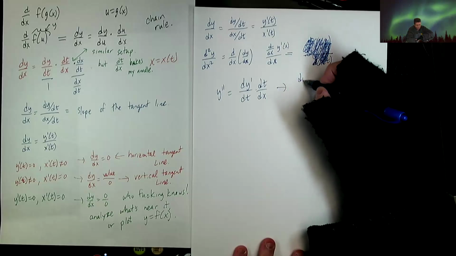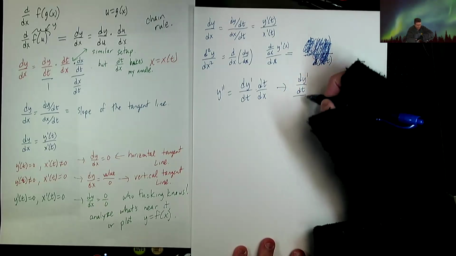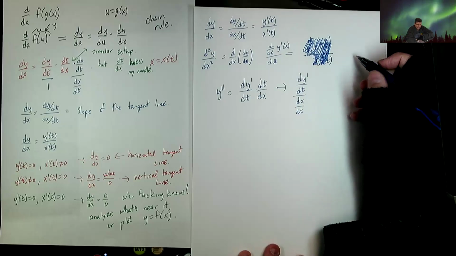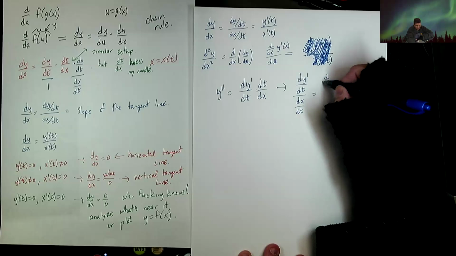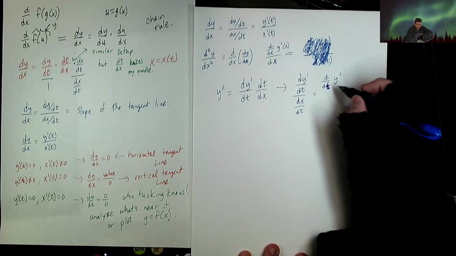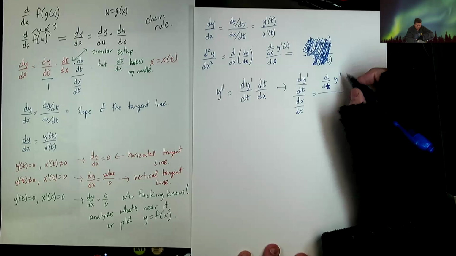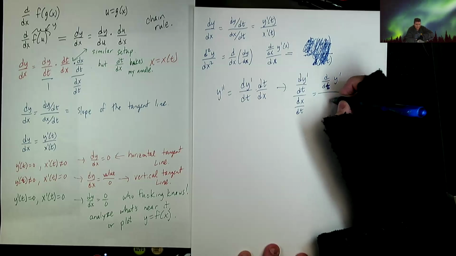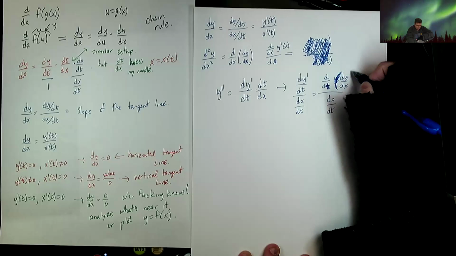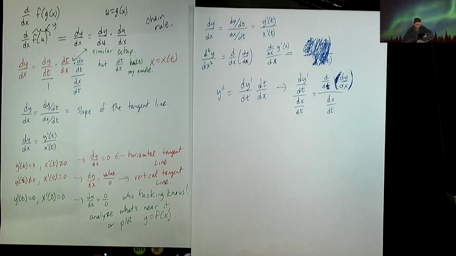This leads to dy prime/dt over dx/dt, which is d/dt. Yeah, I did have it right up there. But it's better off looking at it as dy/dx, because that's what y prime is.